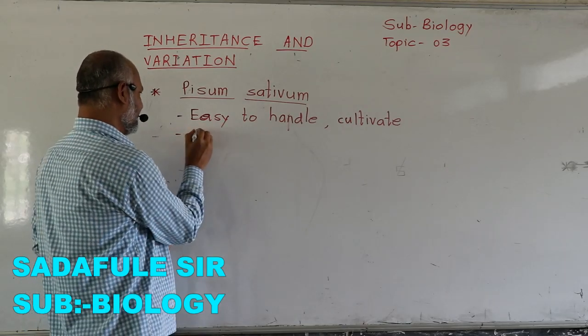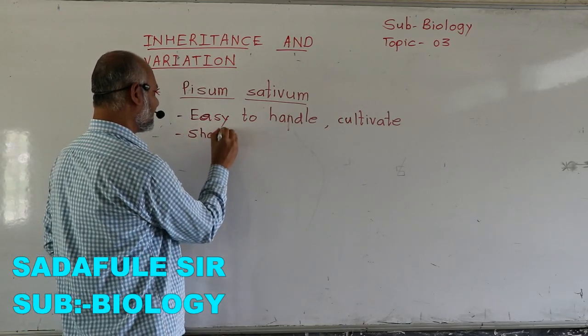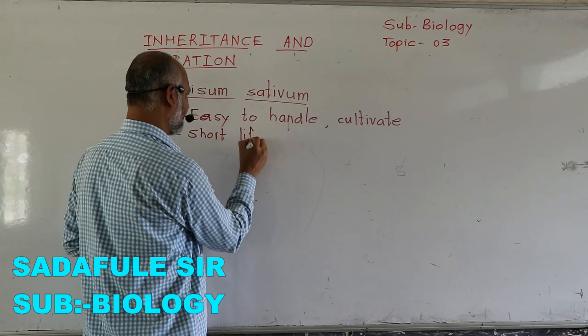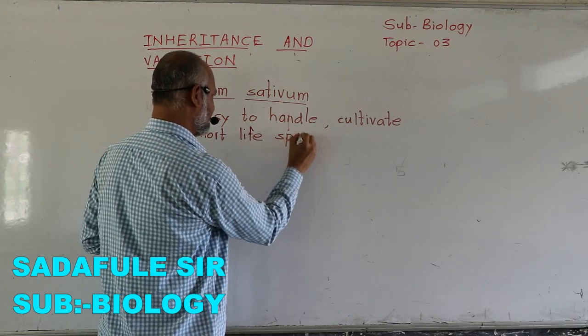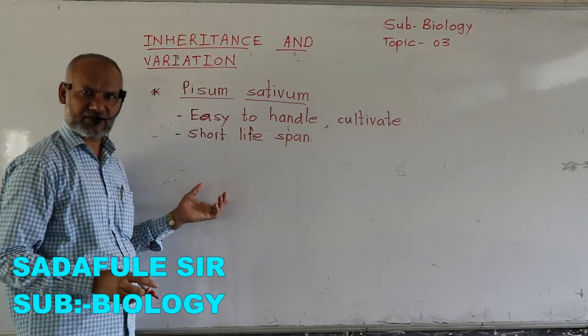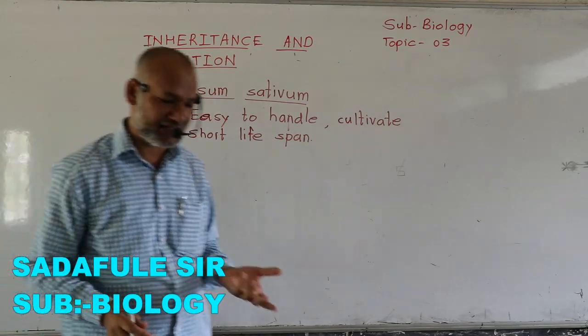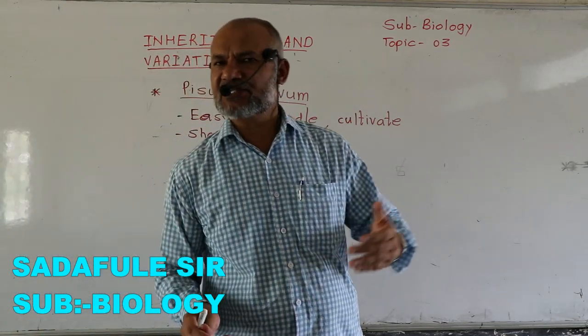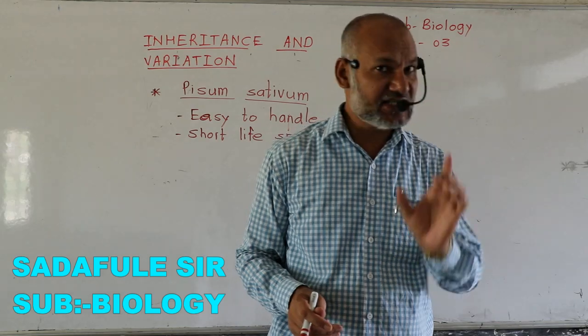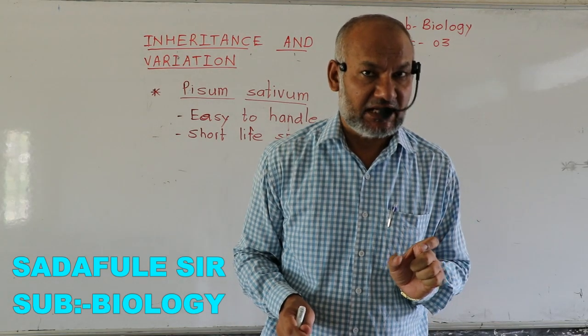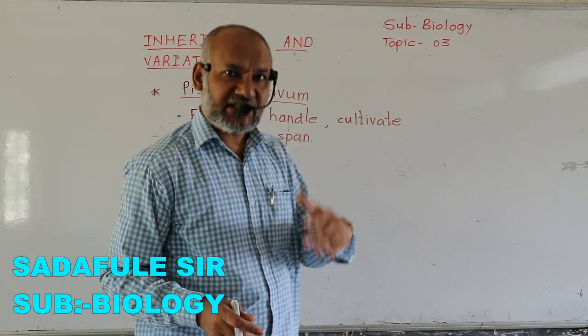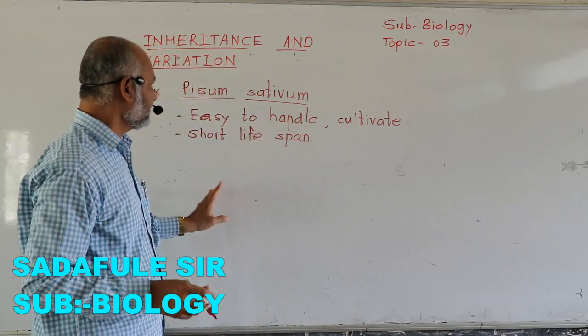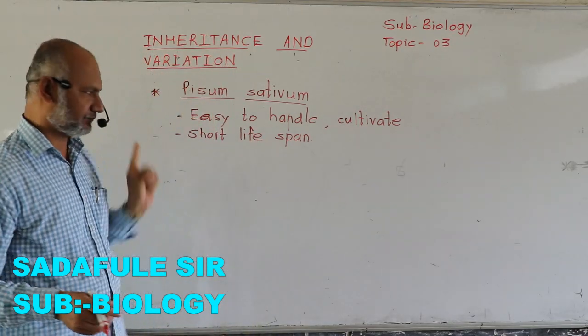The second one is that it has a short lifespan. That is, it completes its life cycle in a few months, that is, 3 to 4 months. Now, what is the advantage of this character? The advantage is we can study 3 to 4 generations in 1 year.